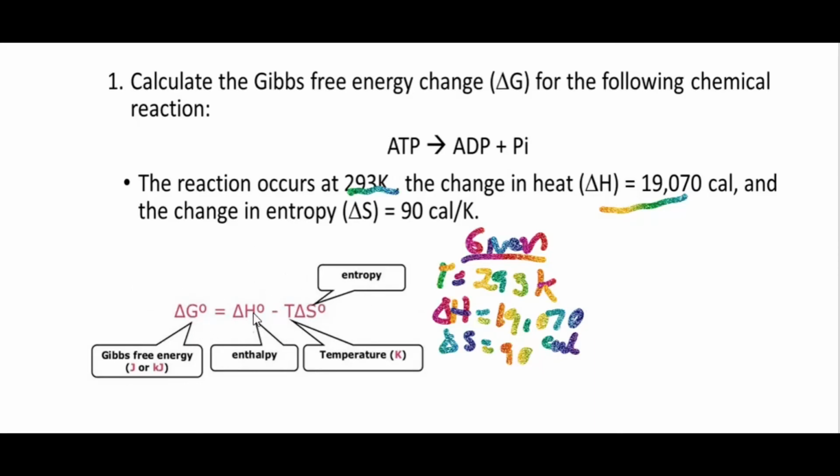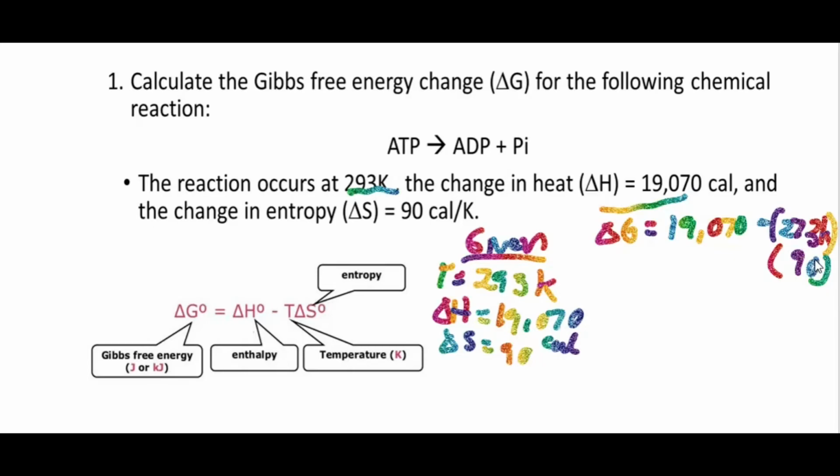So, we're going to use this equation to solve the Gibbs free energy change. Now that we have the equation, let's input the value. So, G is equal to 19,070 minus 273 Kelvin times 90. Now let's solve the equation.